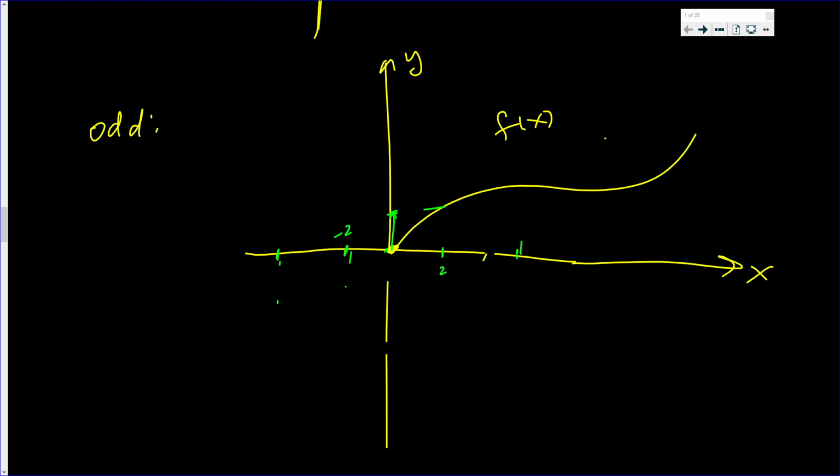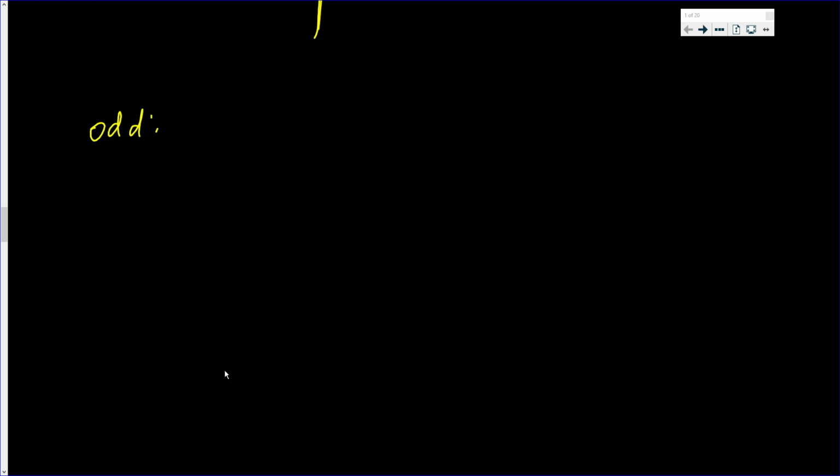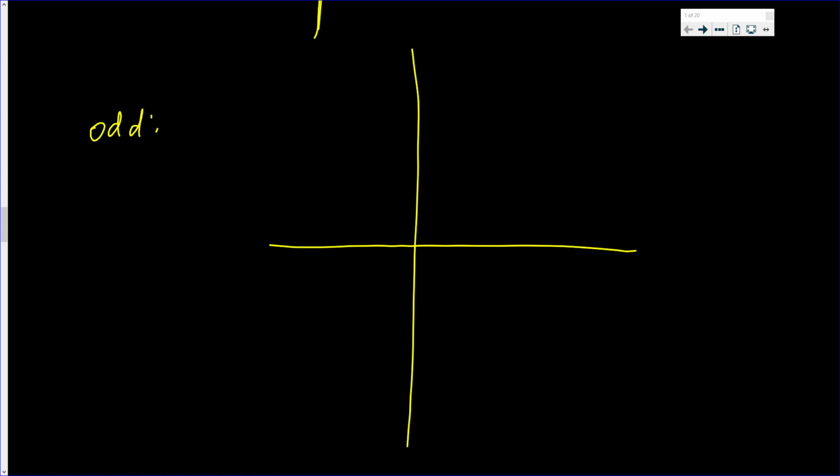An odd function has 2 reflections: one across the y-axis and one across the x-axis. Which one you do first, that's up to you. But it can be realized from 2 reflections.